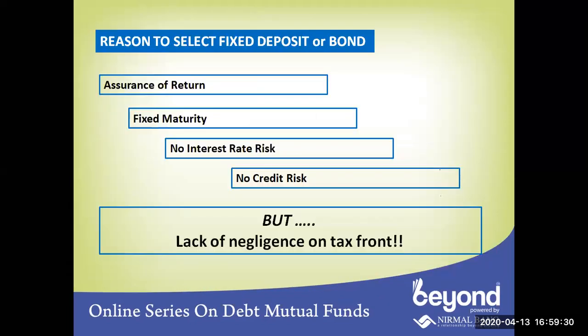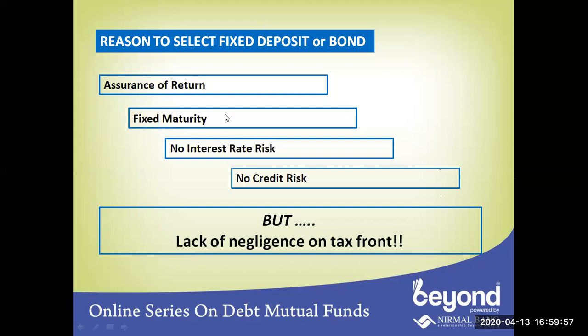Now if we come to the client side, what is the reason to select a fixed deposit or bond from the client's perspective? There are four things. First, assurance of return: if a client does a fixed deposit, he knows in advance that he is going to get X percentage on that fixed deposit.